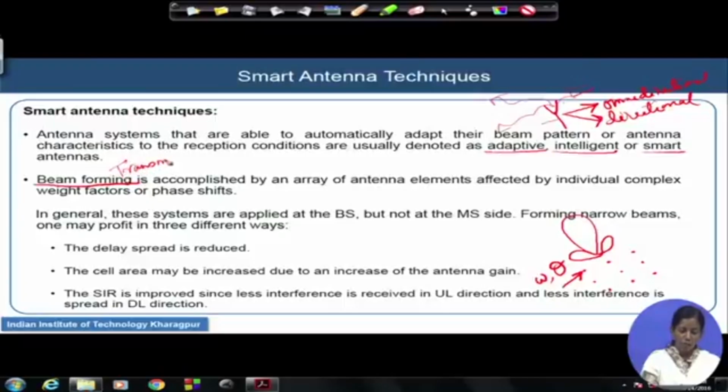But in tomorrow's communication systems, beamforming will also be done in the mobile station and the handset, which is a receiver as well as a transmitter. So inside the mobile handset we sometimes use the beamforming architecture. You will see both transmit and receive beamforming.